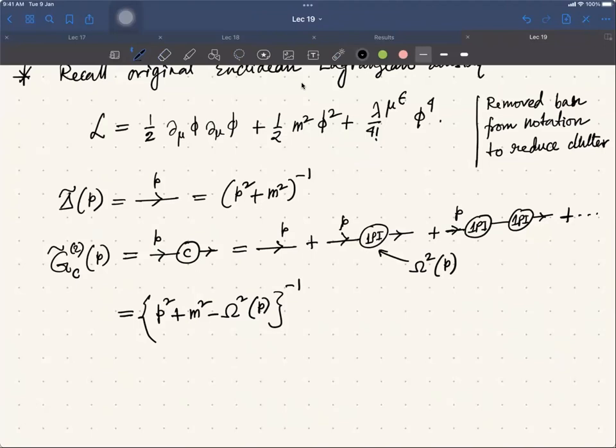So the point to note is that there is a minus sign here. If you have an additional Feynman diagram which is a 2-point function, then that's going to repeat.